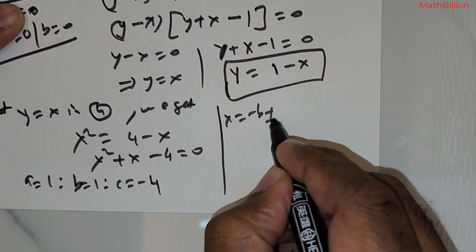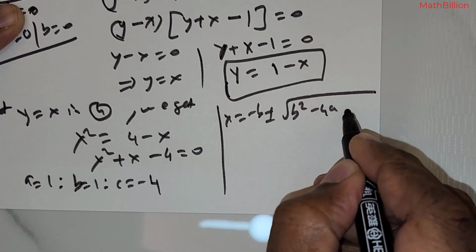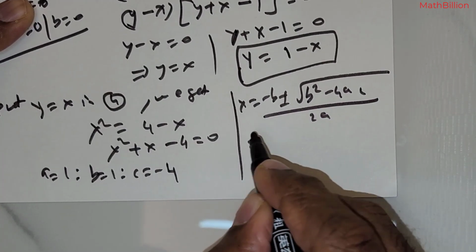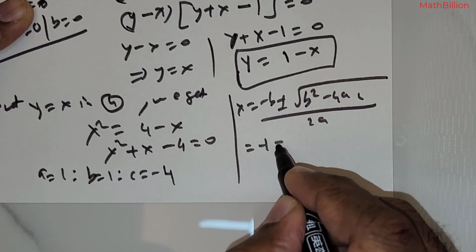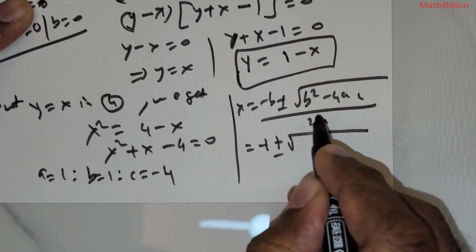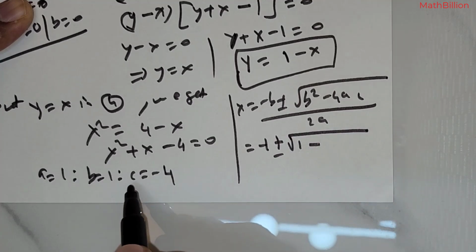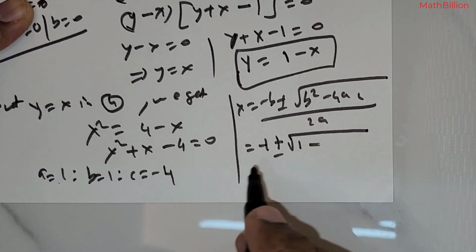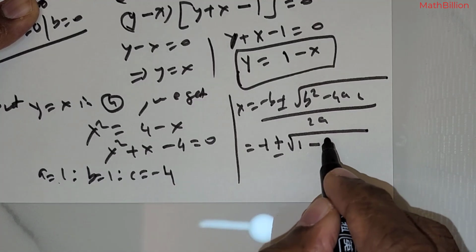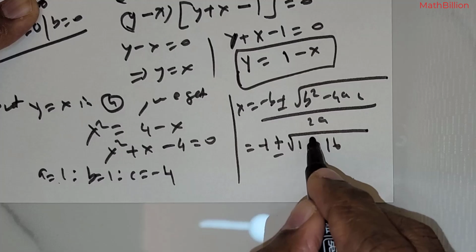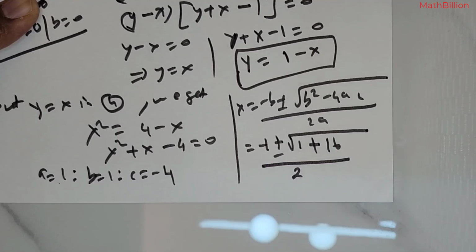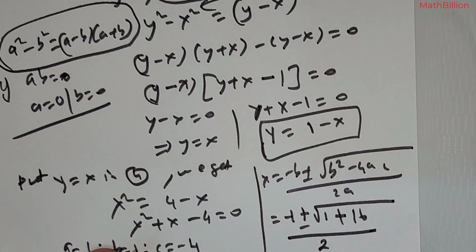So x is equal to negative b plus or minus root of b squared minus 4ac divided by 2a. Applying the formula I get negative 1 plus or minus root of 1 minus 4 times a times c. So this is going to be 16 with a positive sign divided by 2. So I get 2 roots here.